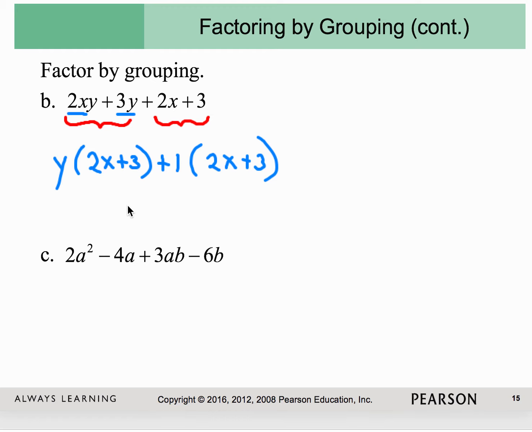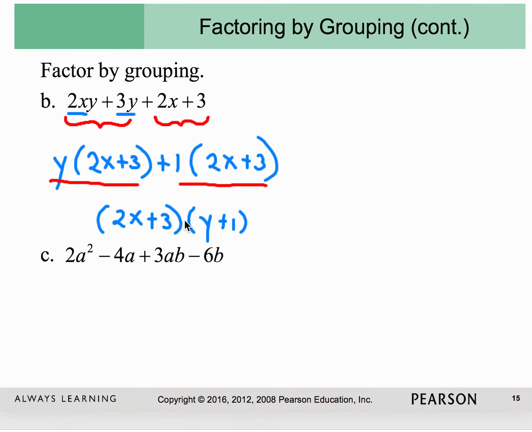And we're back to that, hey, now I have two terms. Do they have anything in common? You bet. They both have a 2x plus 3. And what's left is y plus 1, right? If I took this 2x plus 3 out, there'd be a y. If I took it out of here, there'd be a plus 1.